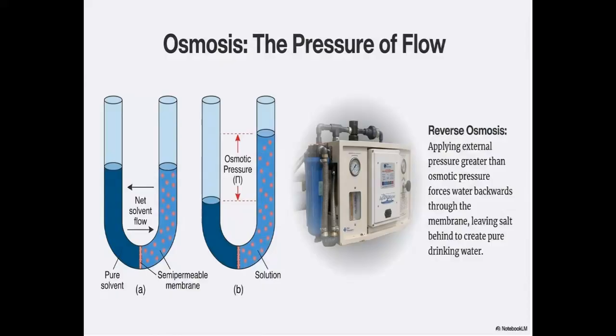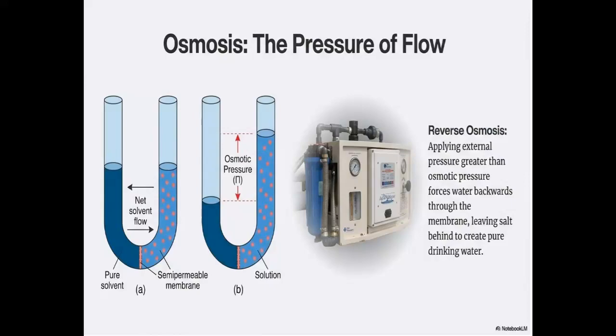When that happens, they are at equilibrium. There's no more net flow of particles of water, and we call that osmotic pressure. So osmotic pressure is the pressure in equilibrium to stop the flow of water particles.